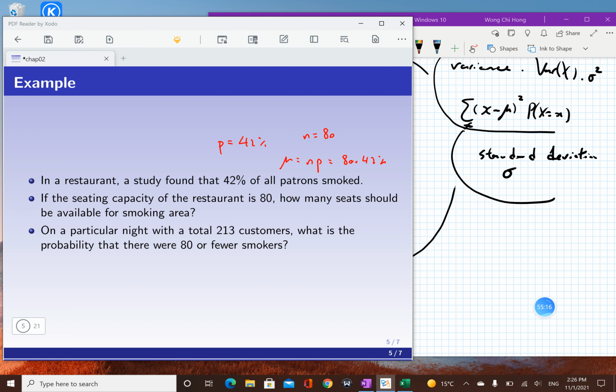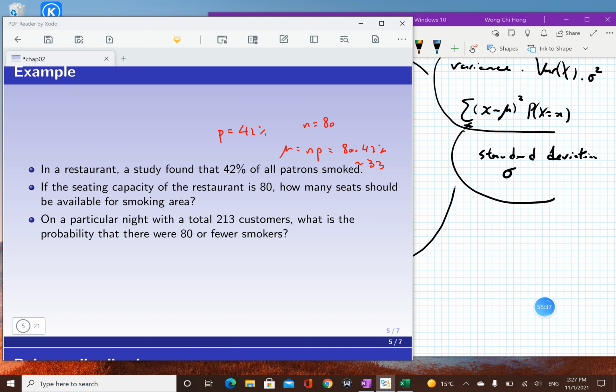I have something like 33 of them. If I have a full house on a particular night, 80 people, I will expect 33 of those seats will be filled by smokers, and therefore I should have my smoking area at about 33 seats.